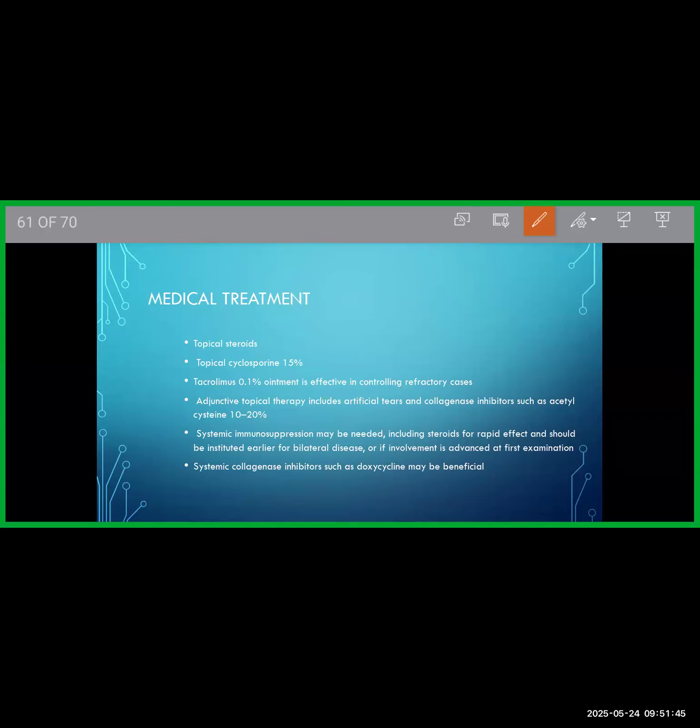Then adjuvant topical therapy includes artificial tears and collagenase inhibitors such as acetylcysteine 10 to 20%. Immunosuppression may be needed, including steroid for rapid effect, and should be instituted earlier in the case of bilateral disease, or if the disease is advanced at first examination.